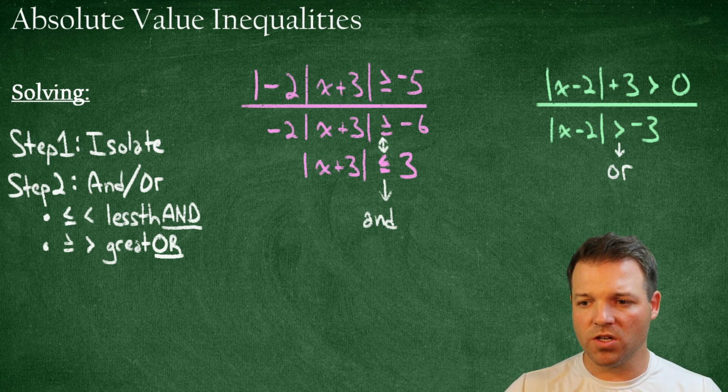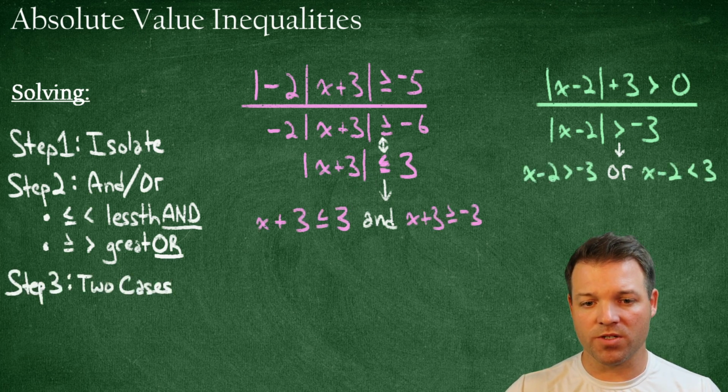All right. So the next step is really the same as any type of absolute value equation. We're going to develop the two cases for each one of these. Just like an absolute value equation, what do we do for the first case? We simply rewrite the entire equation, but drop the absolute value sign.